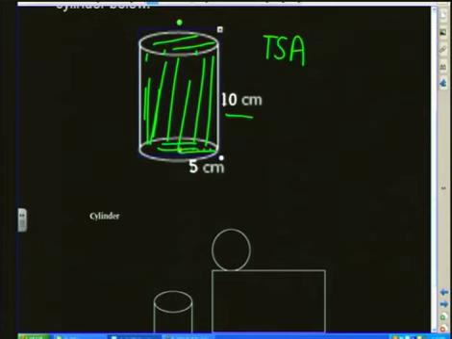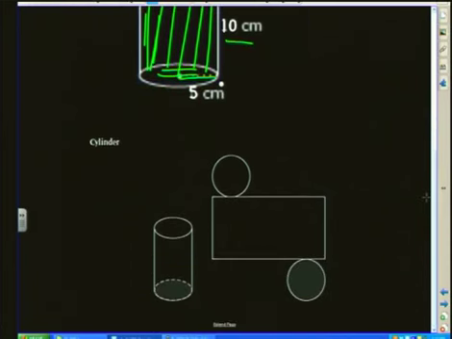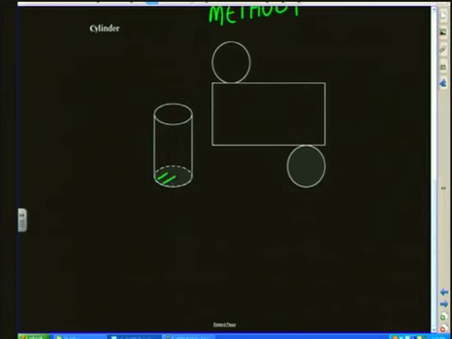The one way you can do it, guys, so this is method 1, is you can unpack the cylinder. I know that a cylinder is made up of a circle at the bottom and a circle at the top, so that's going to be 2 circles. There's the one circle, there's the other.